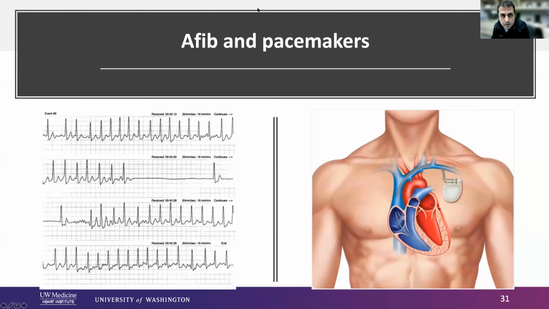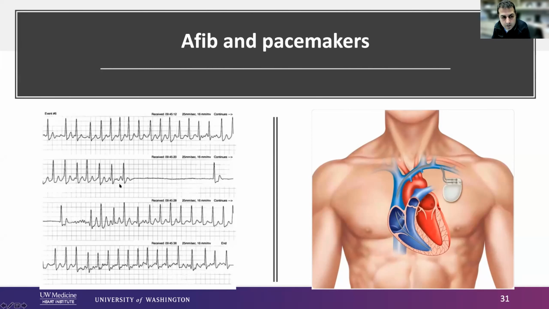Now I get to the pacemaker part. There are a couple of scenarios where a pacemaker may be needed with atrial fibrillation. One is a scenario that you see here on the left-hand side, where you can see that this patient is in atrial fibrillation because you can see that those spikes are fast and irregular and very chaotic.